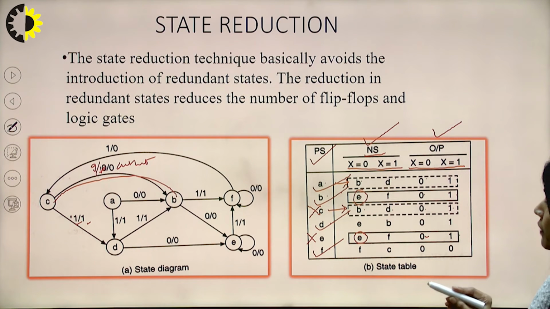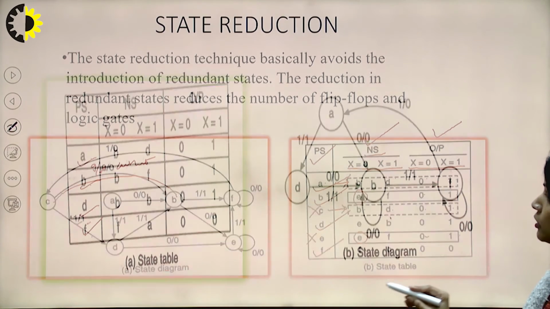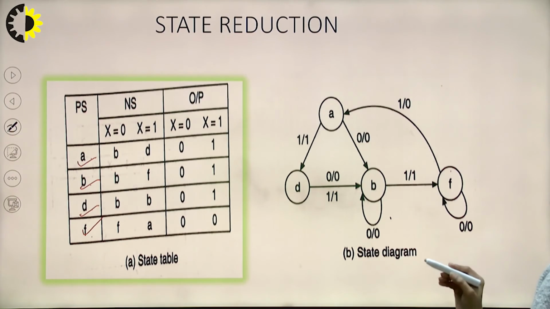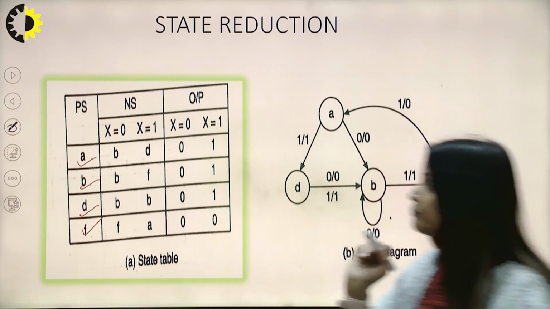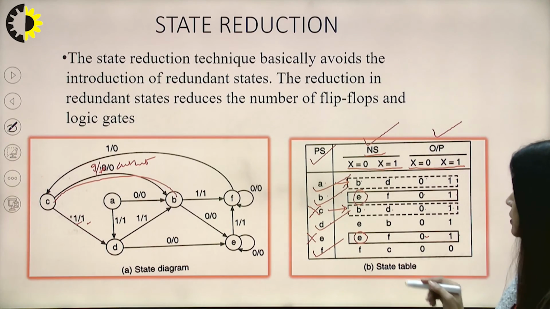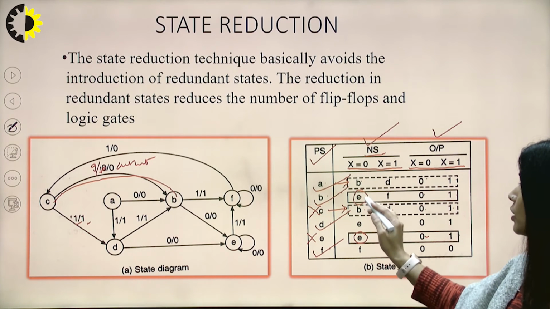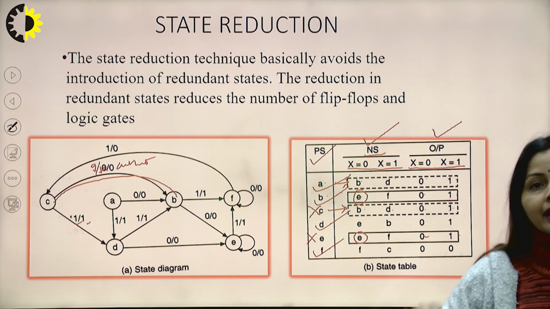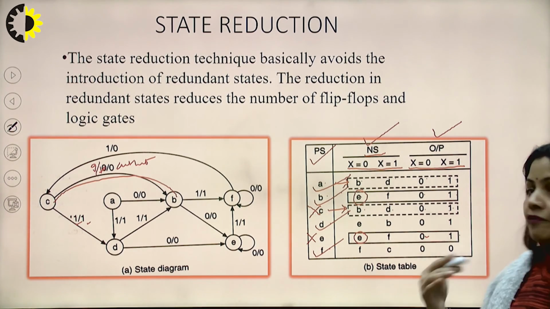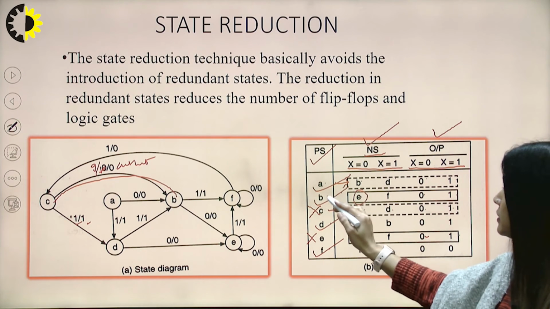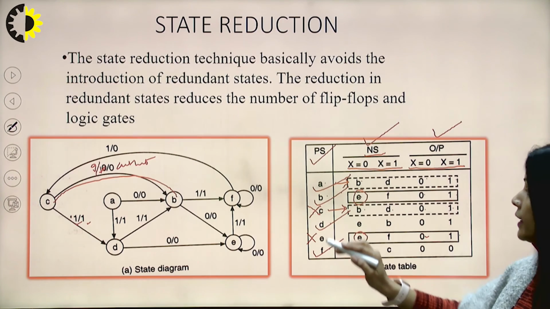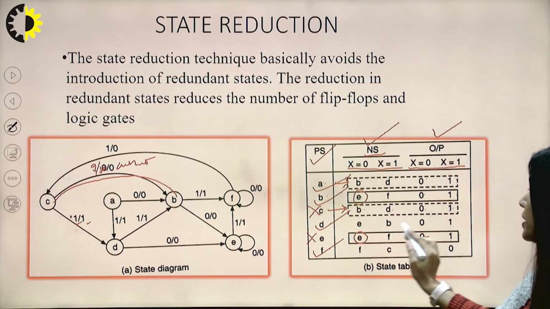Similarly, for D we will write EB 0, 1, D, B, B 0, 1. Why are we writing this D as B, B 0, 1? Because we have removed one state, that is E. We have removed the state E, and in place of E we are writing B. So wherever E is appearing now, we will write it as B. Here in front of B it is coming B, F, 0, 1, and for D it will come B, B, 0, 1.